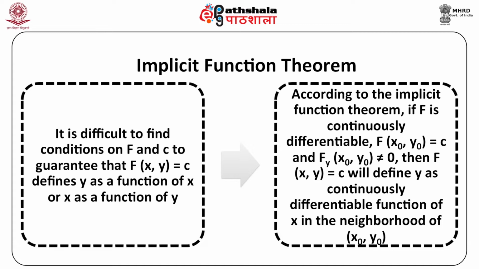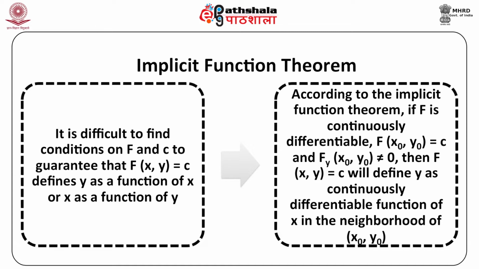The implicit function theorem gives conditions under which it can be determined whether a given implicit relation represents a function or not in a small area around a given point.